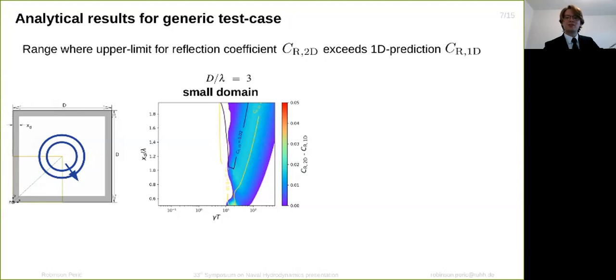On the bottom axis, we see the source term magnitude non-dimensionalized by the wave period, starting from low source terms in the bottom left corner to very high source terms in the bottom right corner. And in color, we see where CR2D exceeds the 1D theory prediction and by how much. And this is the results for the small domain.